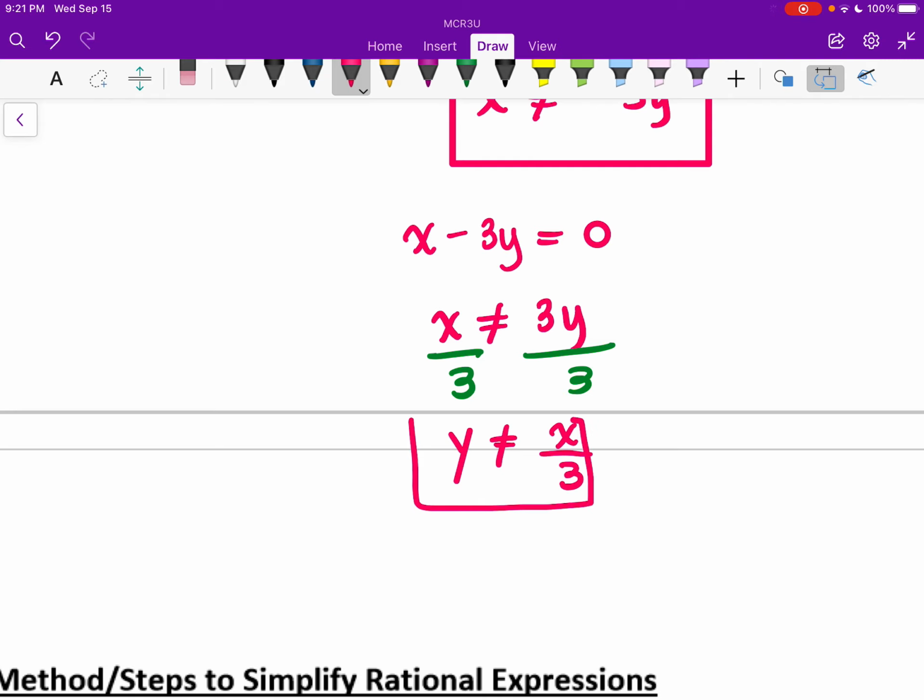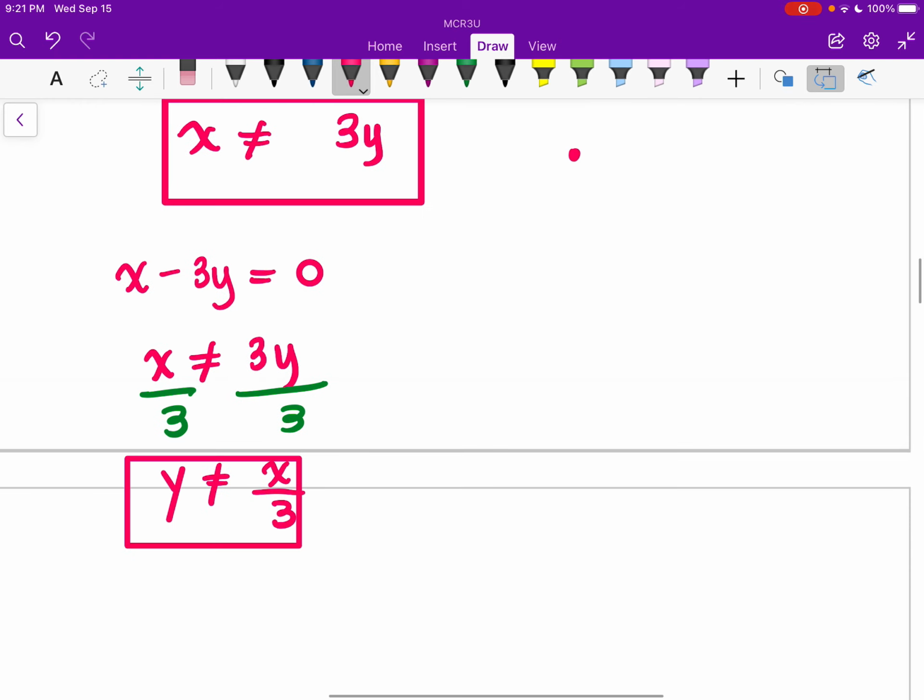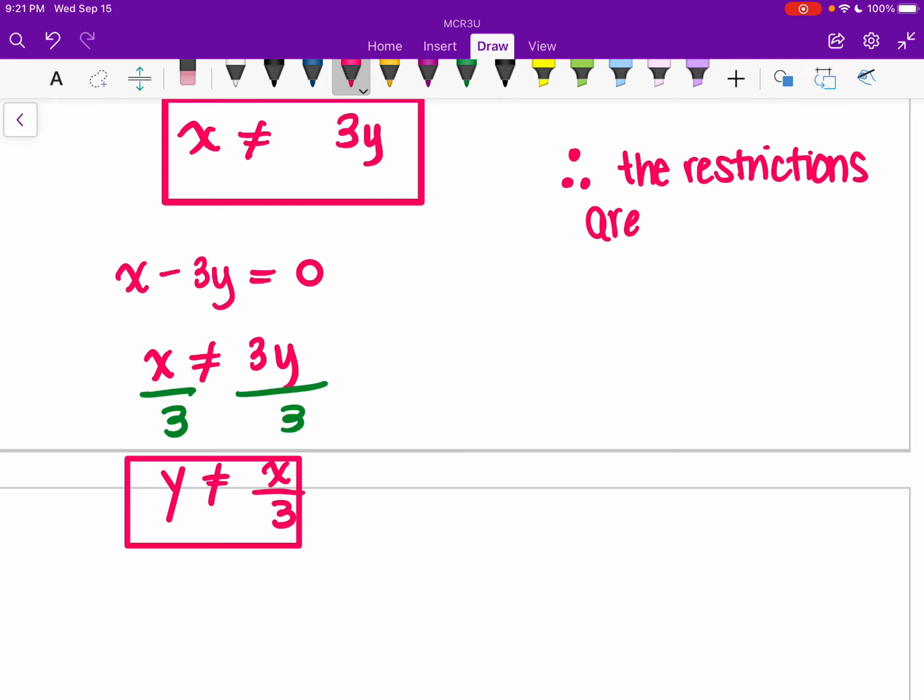And that's the answer. Therefore, the restrictions here are that x cannot equal 3y, and y cannot equal x over 3. And that's the answer.